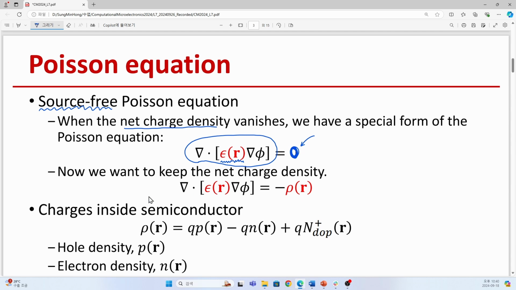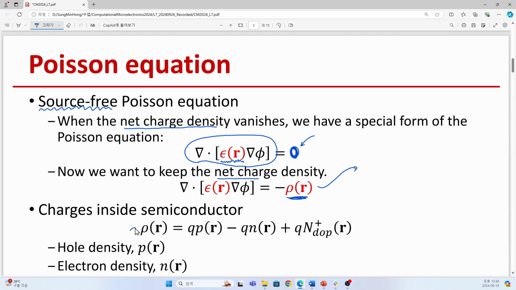However, today we want to keep the net charge density. Now we have a possibly non-zero net charge density. Then what actually is this net charge density? We have three different contributions for this quantity.